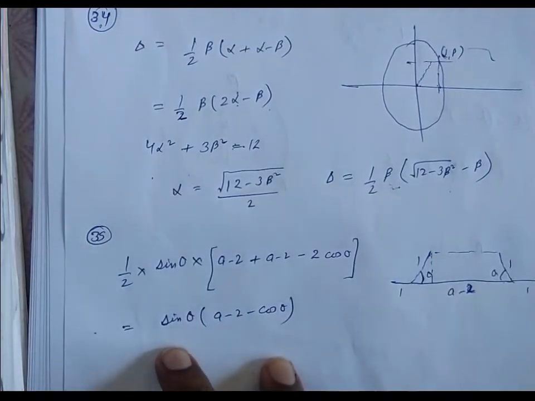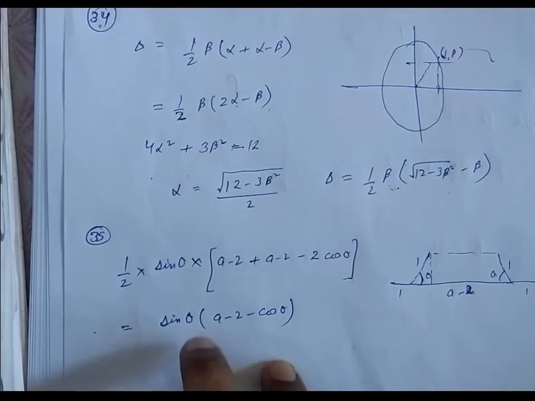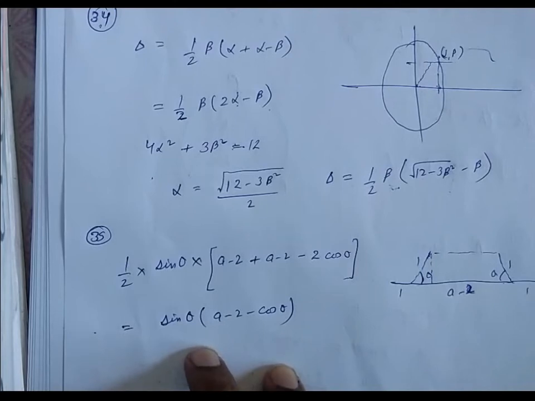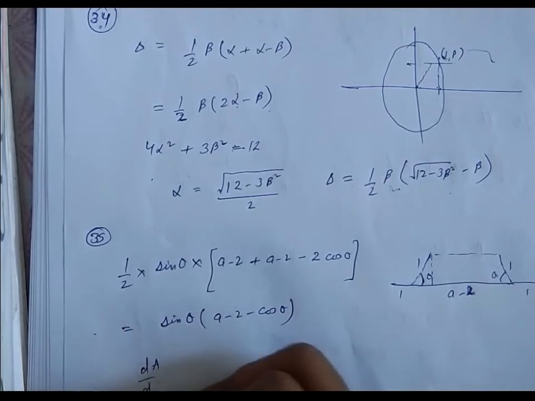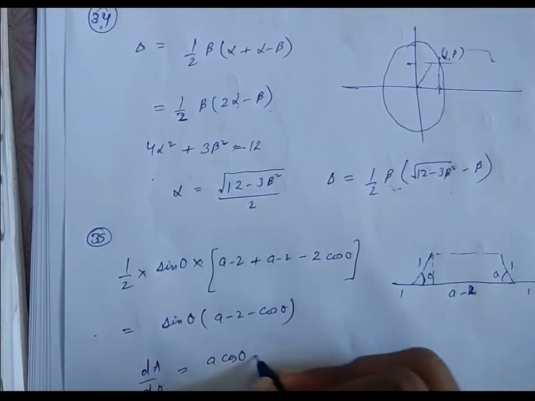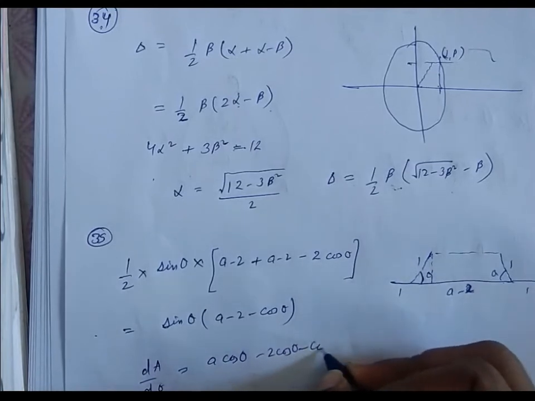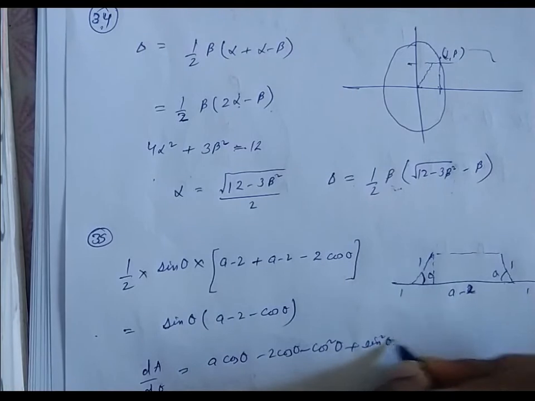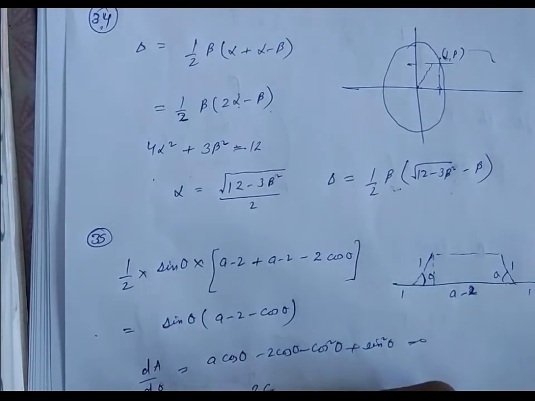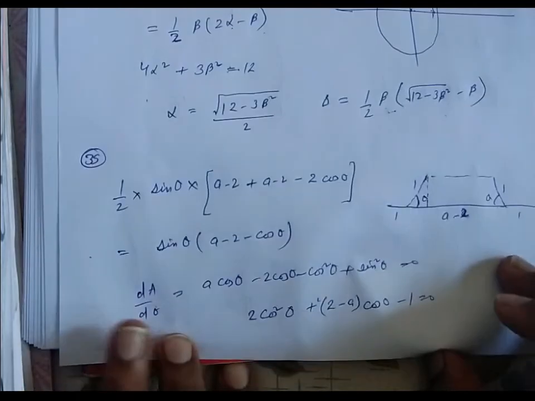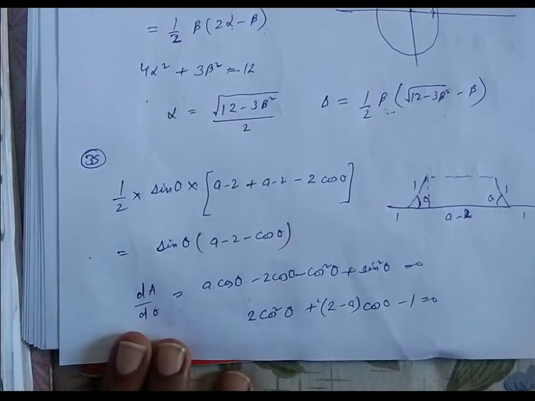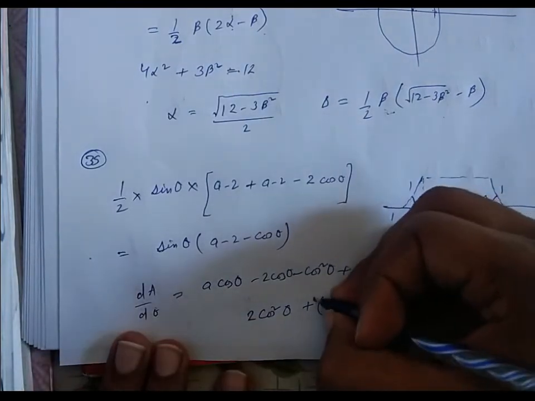This we need to maximize. Differentiate this with respect to theta. So dA by d theta equals a cos theta minus 2 cos theta minus cos square theta plus sin square theta, which should be equal to 0. This is a quadratic in cos theta: 2 cos square theta plus (2 minus a) cos theta minus 1 is equal to 0. Hence we can obtain the value of cos theta using the quadratic formula.